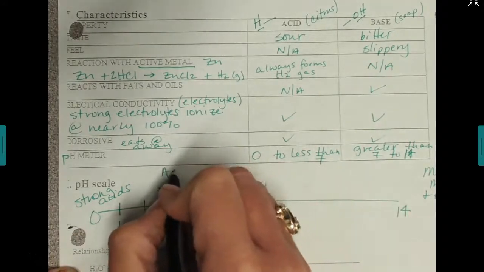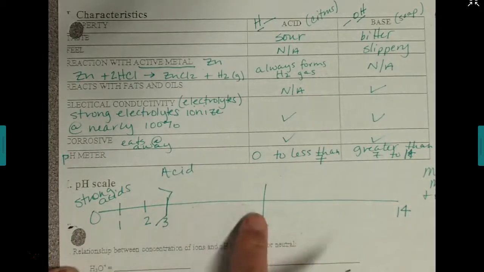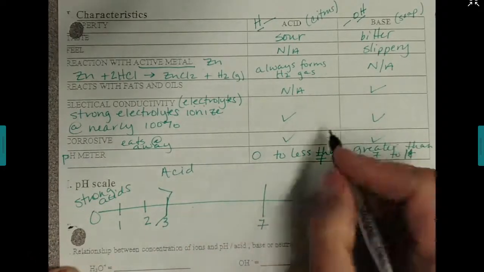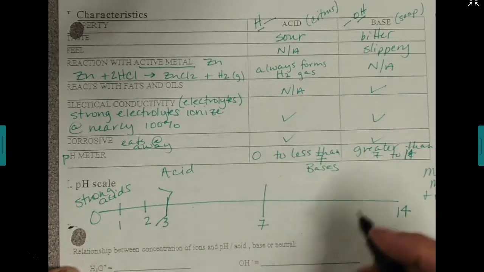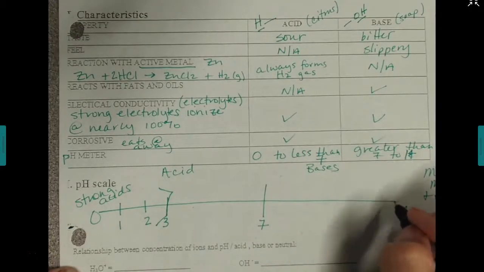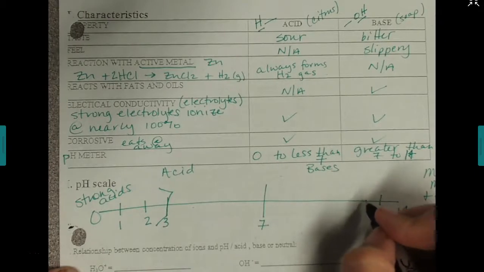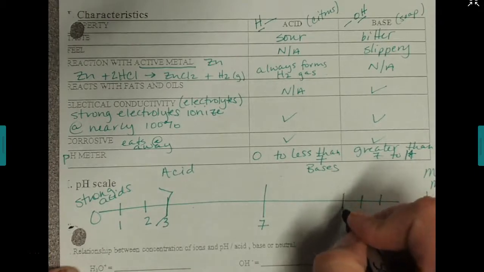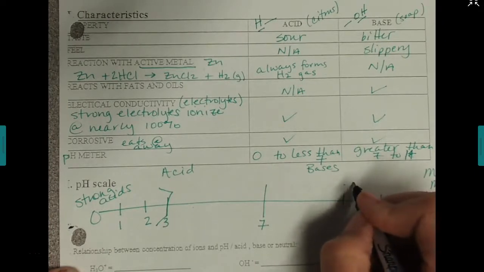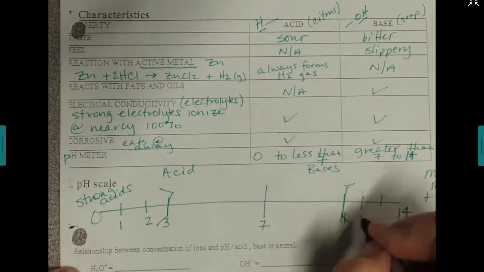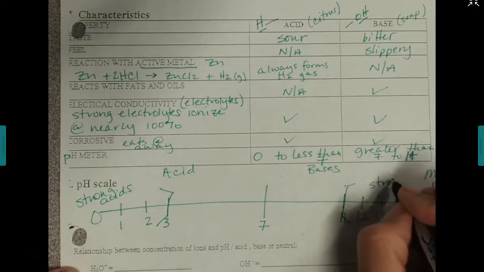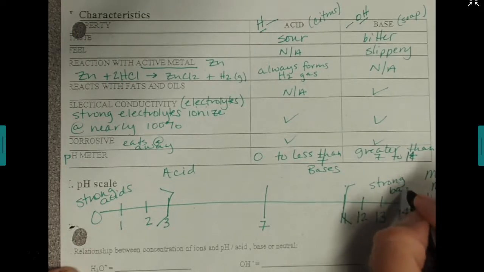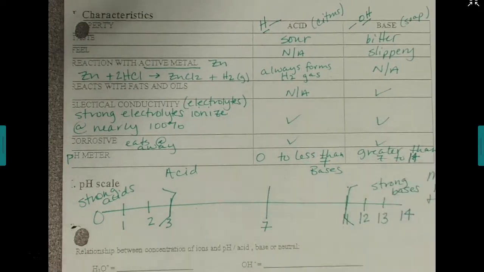And remember, an acid is from 0 to less than 7. Our bases are going to be greater than 7 to 14. So our strong bases will be 13, 12, 11. These will be our strong bases. And remember, to be strong, it must ionize at nearly 100%.